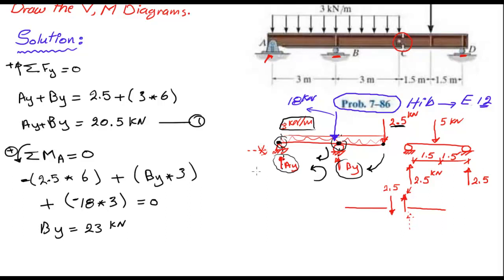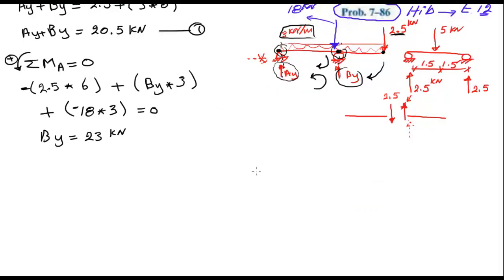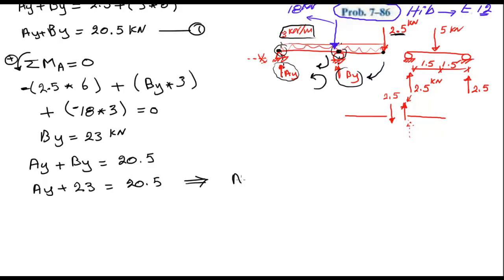Now I have AY plus BY equals 20.5. So AY plus 23, I just solve for that, equals 20.5, and from this one we get that AY will equal negative 2.5 kilonewtons.